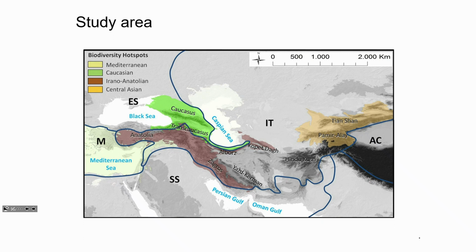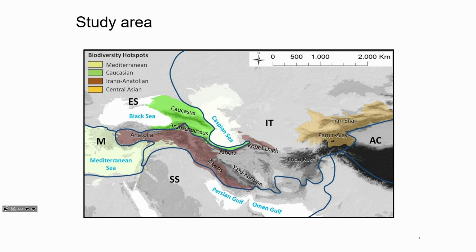Major parts are the Irano-Turanian region, the northern part Euro-Siberian, and the southern part Saharo-Sindhian phytogeographical regions, and the Caucasian biodiversity hotspot is to the north and the Irano-Anatolian biodiversity hotspot is meeting here.